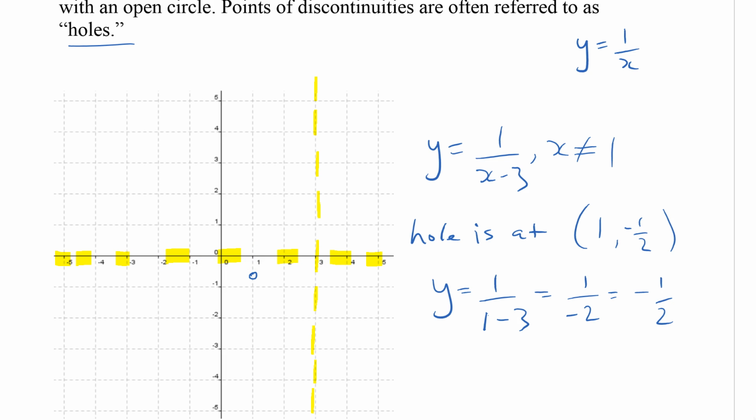And now I want to think about the points that I want to make. I want to make points that multiply out to this 1 up here. So starting from here, my x and my y value can both be 1. You'll notice that normally I could go over 2 and down 1/2, but I have a hole right there, right? So I can go over 1, 2, 3 and down 1/3, and so on.